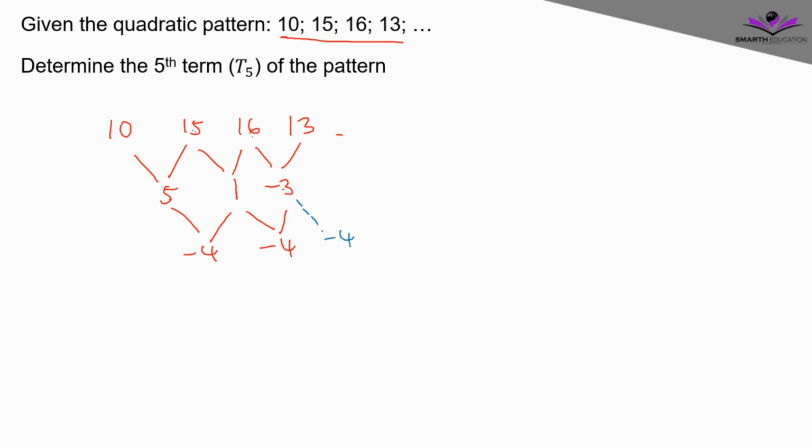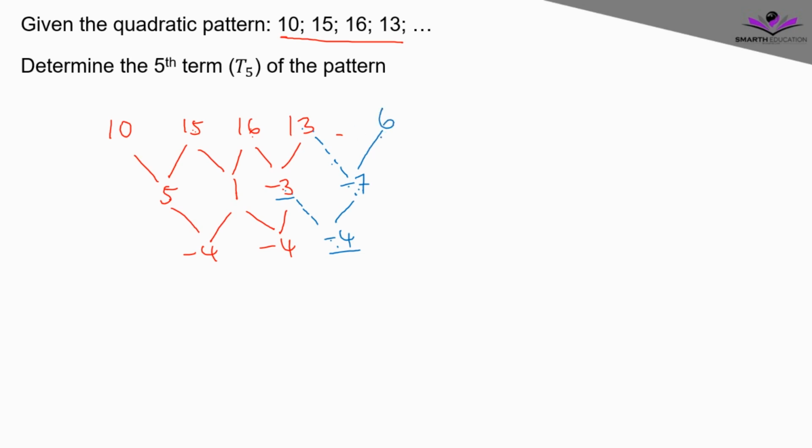And then you add this, you say -3 plus -4, which is -7, okay? Then come here and say 13 plus -7, which is like 13 minus 7, which is 6.